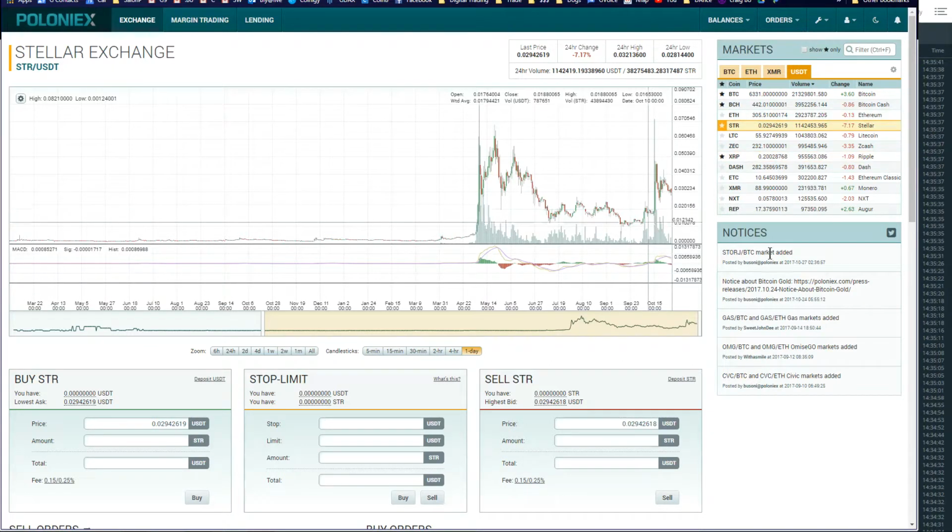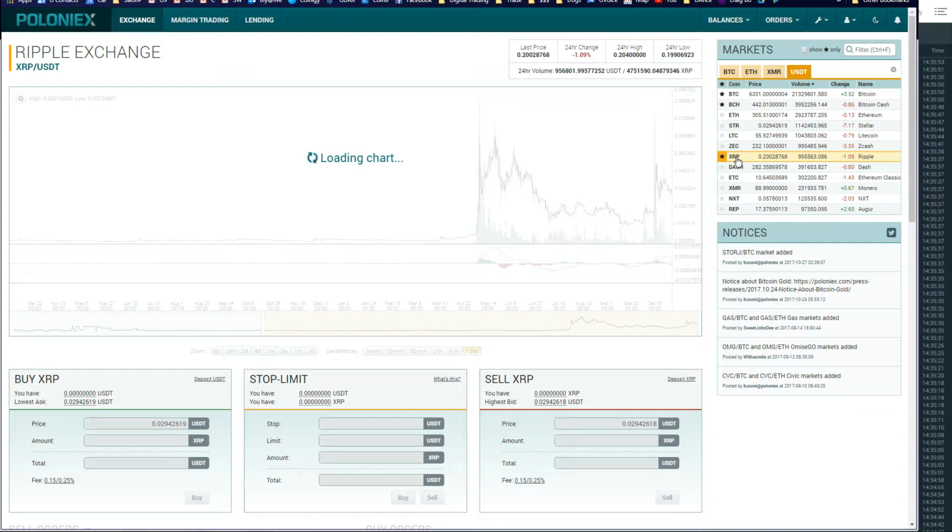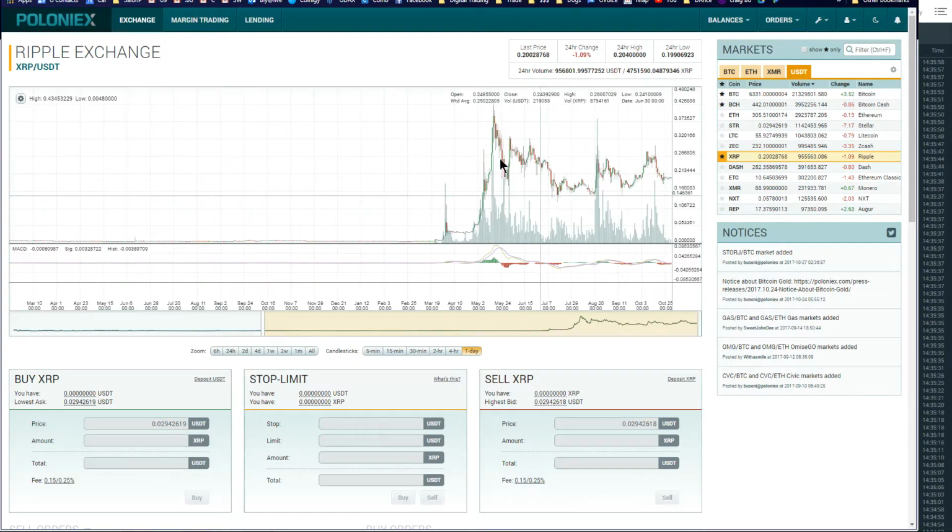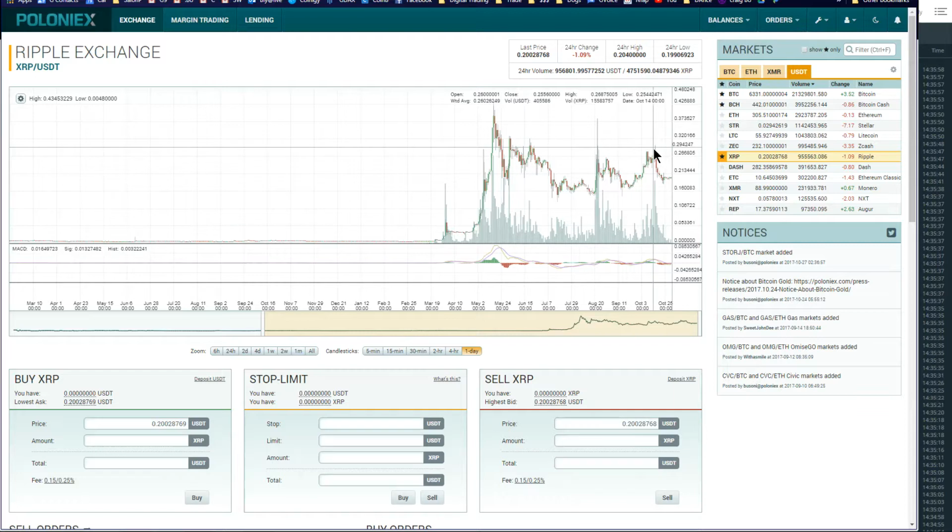Why I bought it here was because a piece of news just popped up that said IBM decided to go with Stellar for payment work versus Ripple, and Ripple's been falling ever since. Well, this is when that conference came up. Everyone was buying the rumor, buy the rumor, sell the news, and it came right back down here. But other than that, it's been pretty steady.